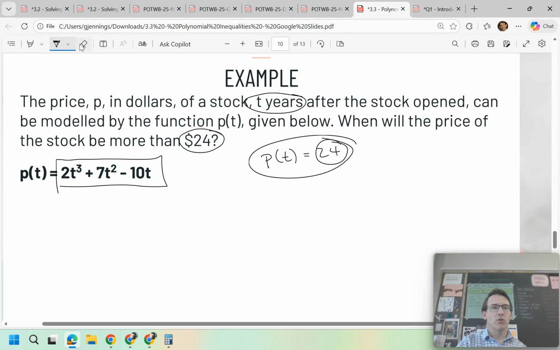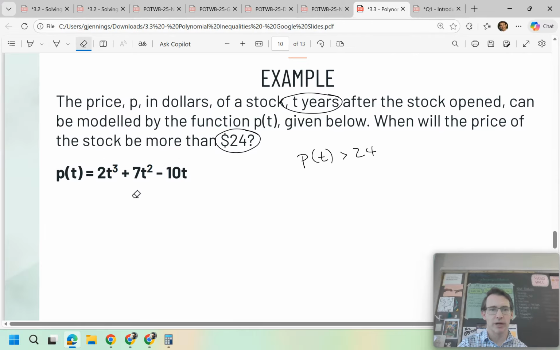So what we want to know actually is not when is it equal to 24, but when is the price greater than 24. Okay, so we have this inequality. So now let's move that over here onto the left where I've been organizing the flows of my solutions. We would have 24 is less than the price of the stock, written as a cubic.